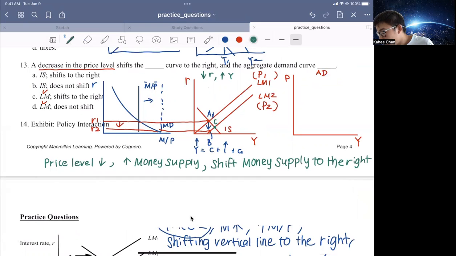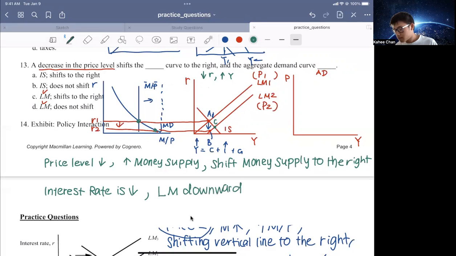So when money supply is shifting to the right, the interest rate here is going down. When interest rate is going down, we can see there's a shifting of the LM curve downward. And because of the IS curve, there is an increase in Y.